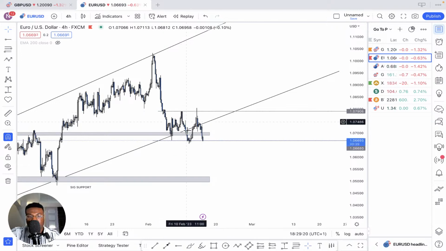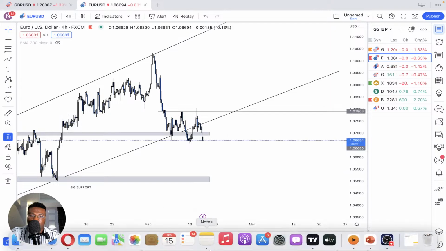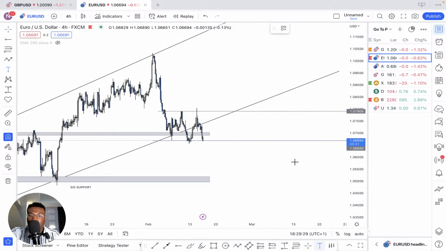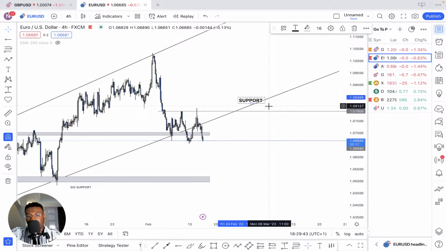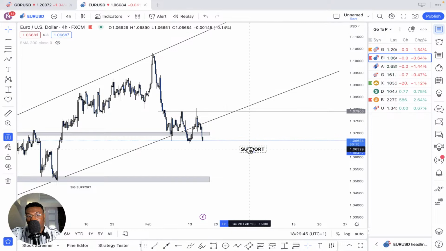You can see the bounce off at these significant support and resistance levels. By the way, this is the 4-hour time frame, guys. So we've gone to the lower time frames and we're getting more detail on what's happening in the Euro USD market, right?